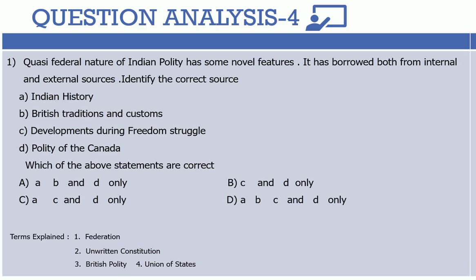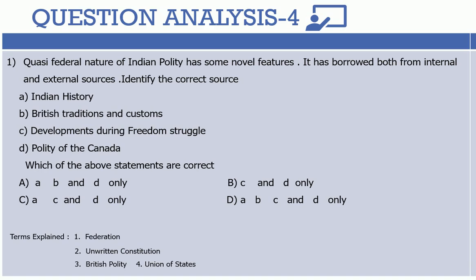I think all of you know the difference between federal structure and quasi-federal structure, as well as the unitary state. In the federal structure, the units of the federalism or federal state have come together voluntarily. That is the basic feature, and they get their power from the common source in the form of the constitution.